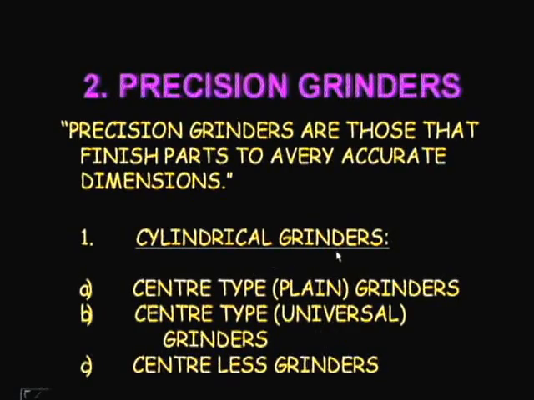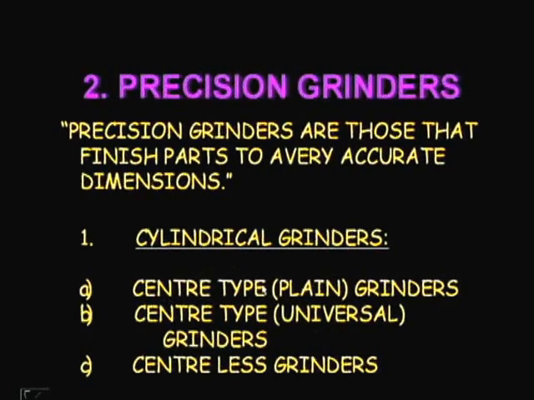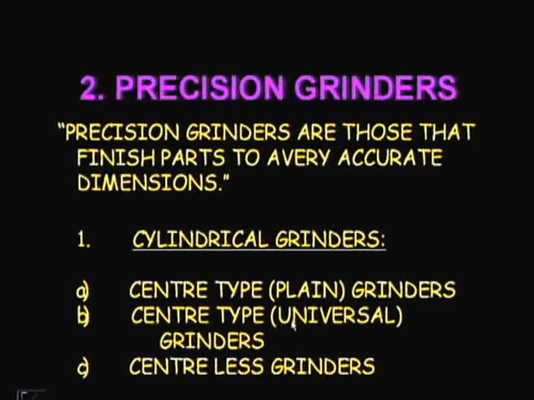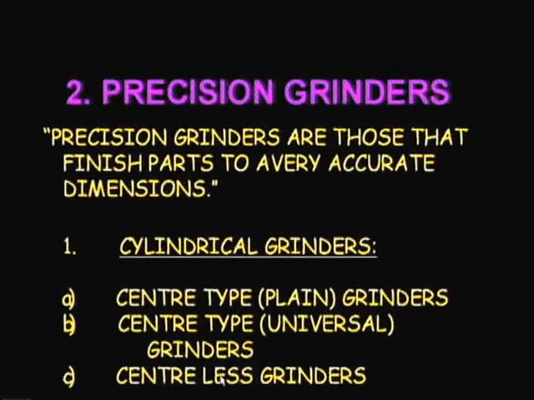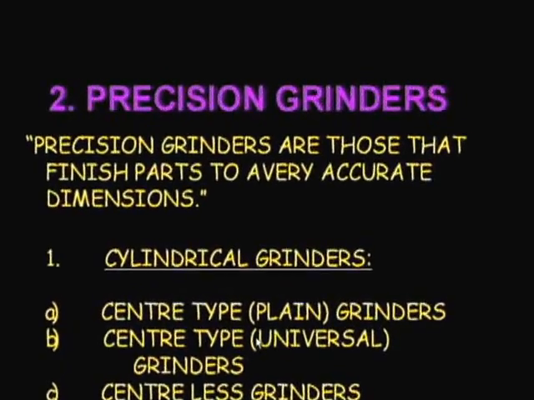In this, the first one is cylindrical grinders, meaning center type grinders, plain and universal center type grinders. Another one is centerless grinders, which do not have any centers. The next classification is internal grinders, where we want to grind the inside surface, for example a hollow shaft.